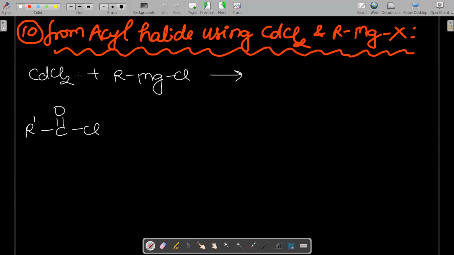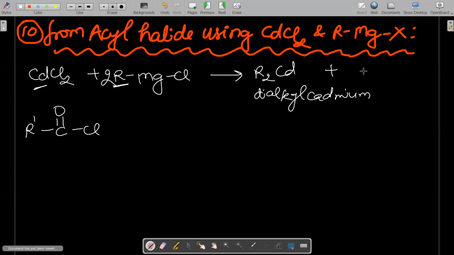So we are taking three reagents, but in the first step, the cadmium chloride reacts with Grignard reagent to form R2Cd. So we take 2 moles. So this R converts into dialkyl cadmium. Simply we can say this is dialkyl cadmium.